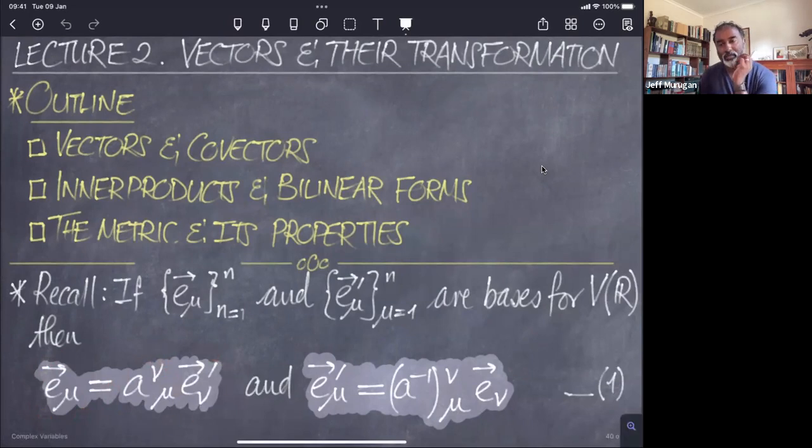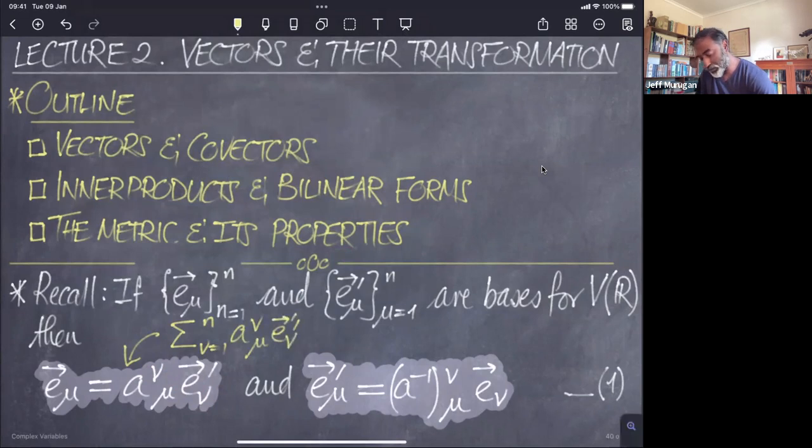And I said the last time that I'm using Einstein's summation convention, which says that every time I see an index that's repeated once, one is a superscript, one is a subscript, so upstairs and downstairs, then this implicitly means the same thing as if I had said the sum over nu equals 1 to n, A nu mu, E nu prime, like that.